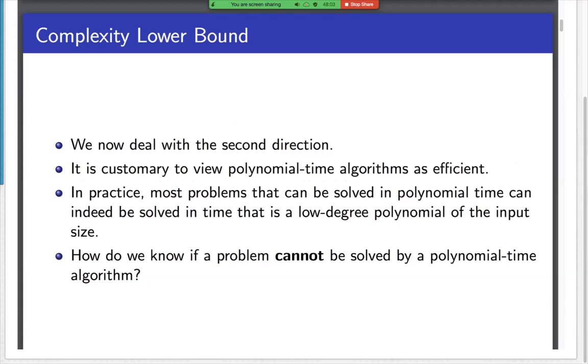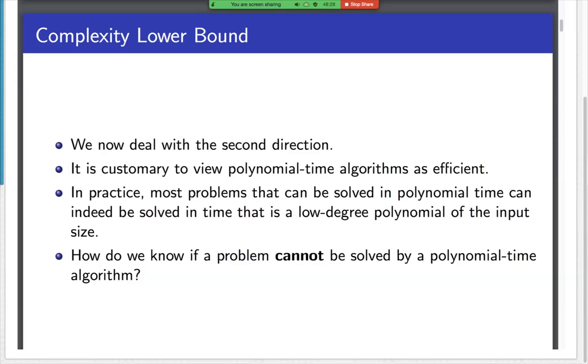So first, some concepts. It is customary to view polynomial time algorithms as efficient, even though sometimes we don't view polynomial time algorithms with high degree polynomials as efficient.